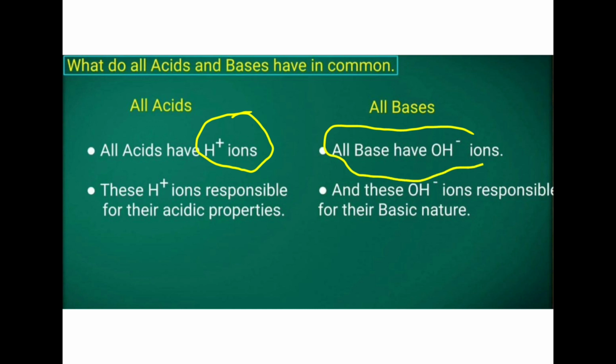Similarly, bases release OH minus ions. These H plus ions are responsible for acidic properties, and similarly bases have basic properties due to the OH minus ion, the hydroxide ion.